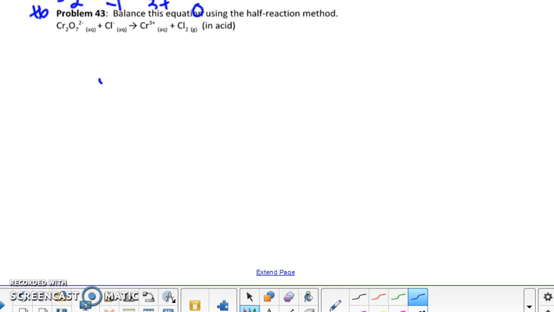So what we need to do now is find our half reactions. Let's do oxidation first. Oxidation is where the oxidation number increased. When it went up, it looks like the chlorine did. So chloride goes to chlorine. Now, if you look at your next rule, it says balance your elements first. I don't have the same number of chlorines on both sides, so I'll put a 2 there.